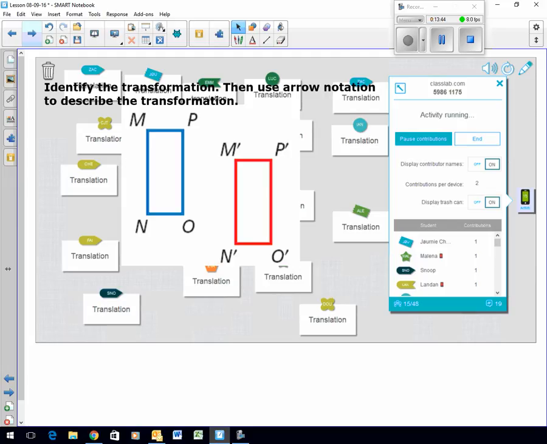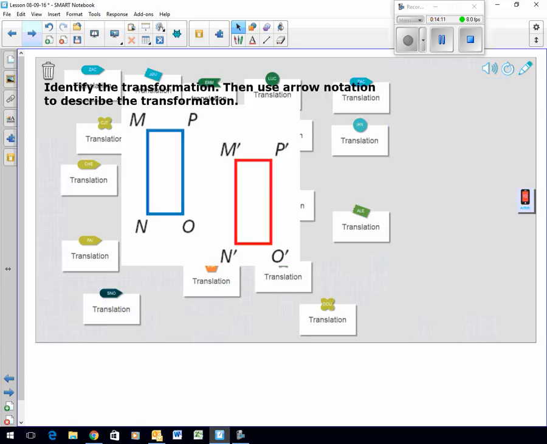This is how a translation will be given to you. Translate this image 6 units to the right and 3 units down. Or translate the image 3 units down, 6 units to the right. That's what the wording will be in those particular problems.